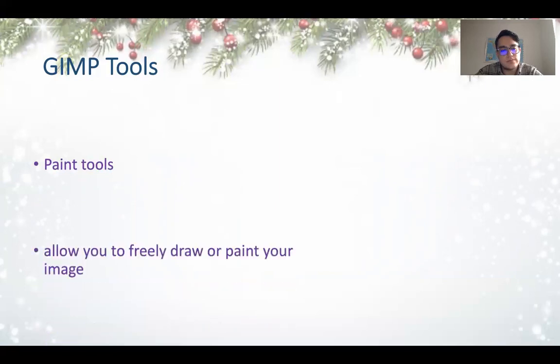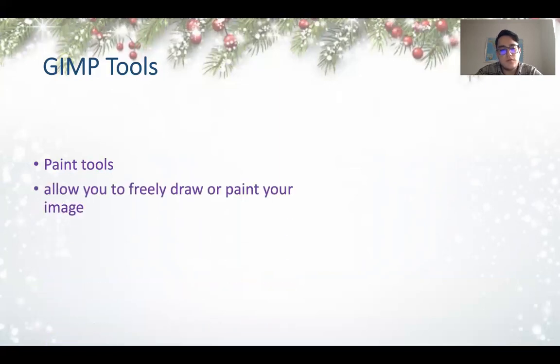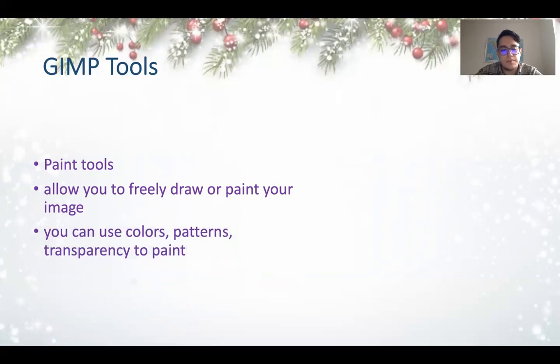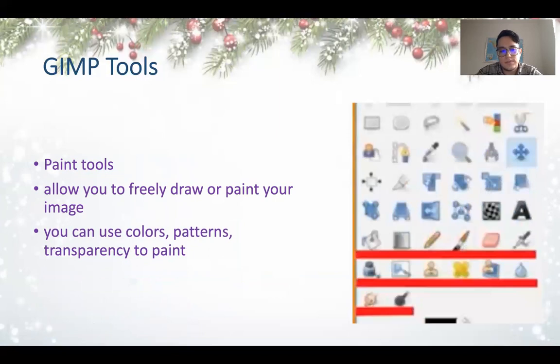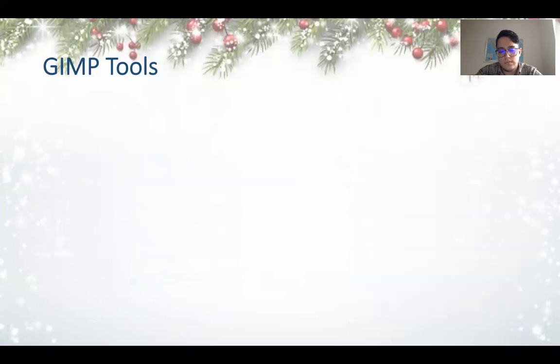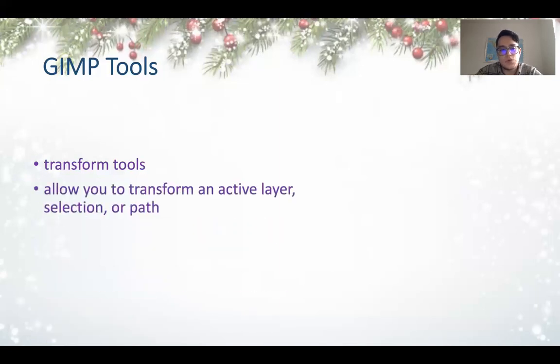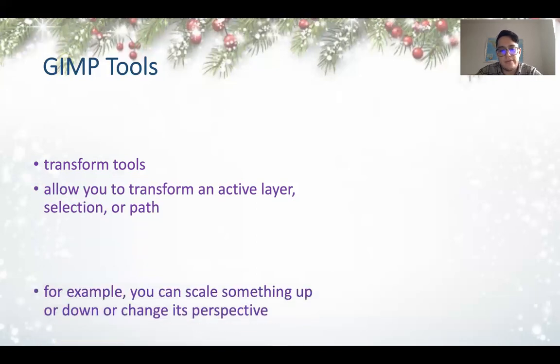Paint tools allow you to freely draw or paint your image. You can use colors, patterns, transparency to paint. Transform tools allow you to transform an active layer, selection, or path.